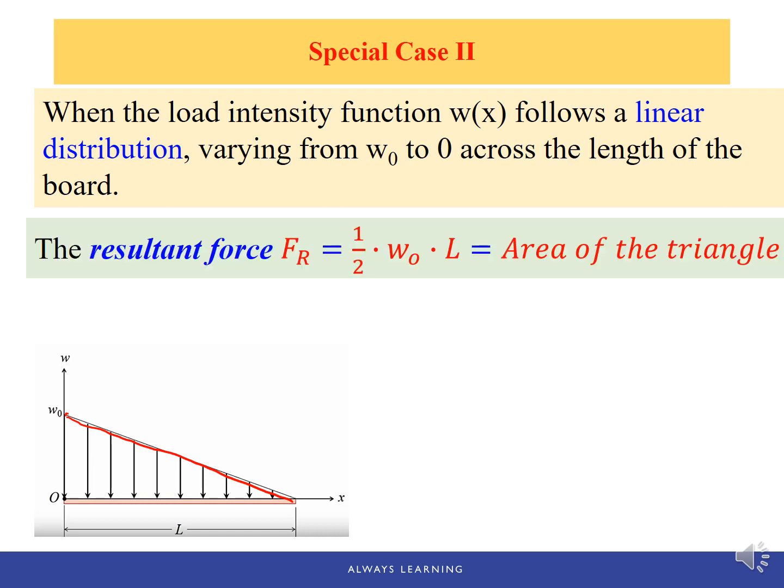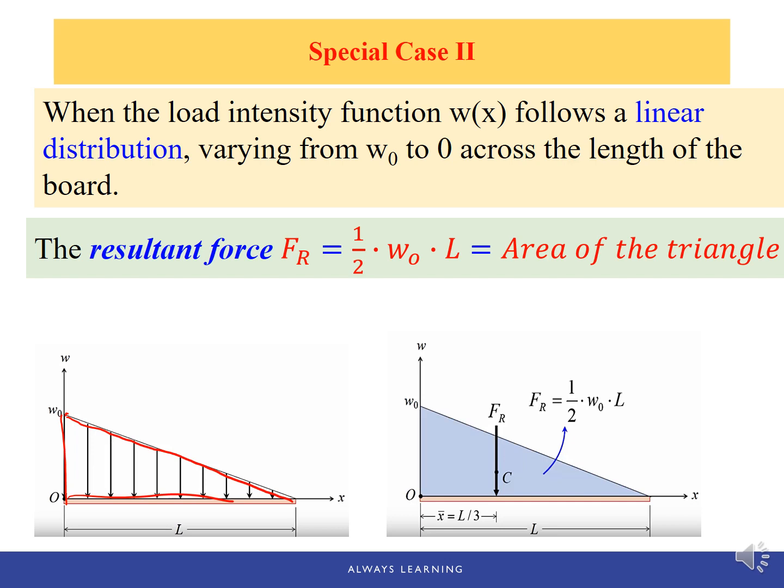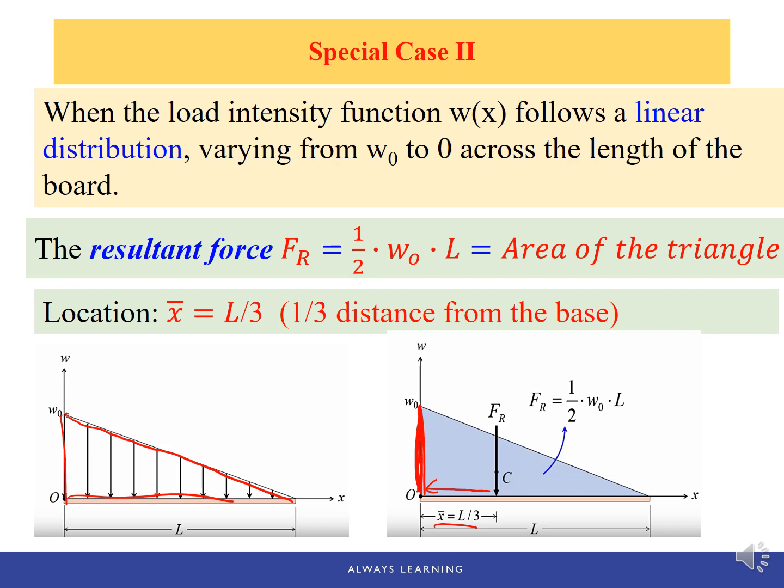So again, the resultant force is the area of the triangle, which is half of w0 times L, and the location of the FR is at the geometry center, which is 1/3 from the base. So this is the base, 1/3 from the base, or 1/3 from the axis indicating the loading intensity.